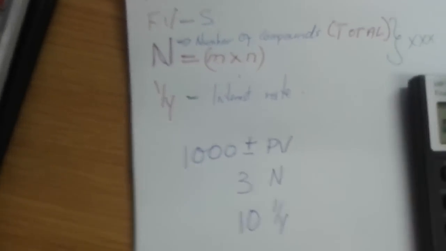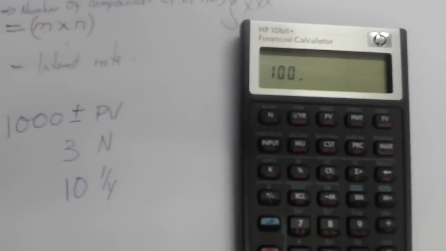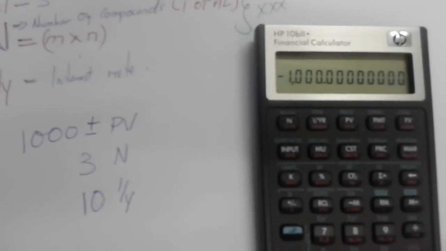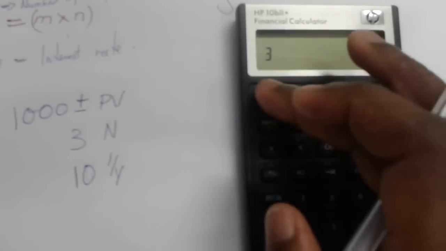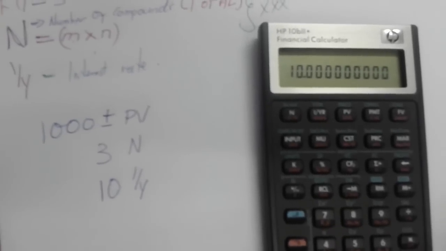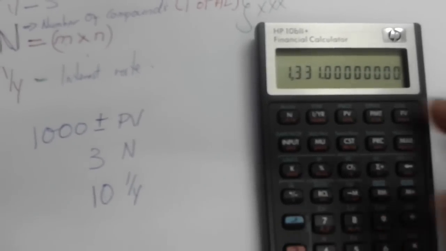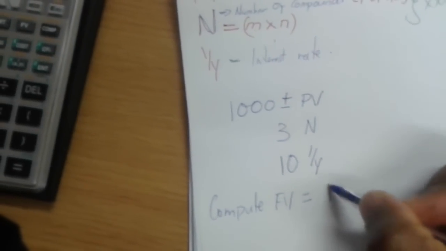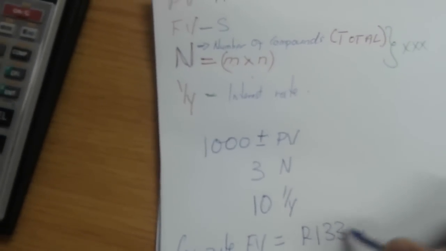So I'm going to start with the HP. Of course I need to clear all, so I'm going to say 1000, then plus minus, that is my PV, then my 3 is my N, and then my 10 is my I. Now what am I looking for? I'm looking for the future value. So you say compute future value, and the answer is 1331, right?